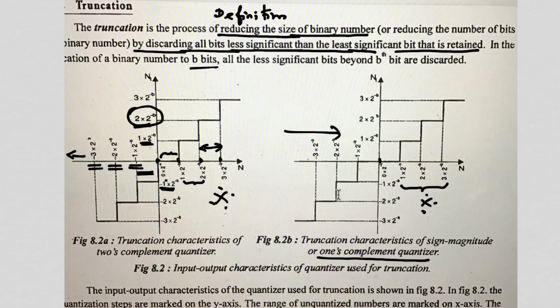So the minimum is this and the maximum is this, and the difference is actually the error, from which you can find the range of errors. This range is represented by this number, so obviously you can find it out. So this graph is very, very important as far as the quantization effects by truncation are concerned.